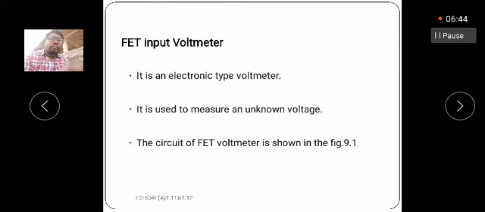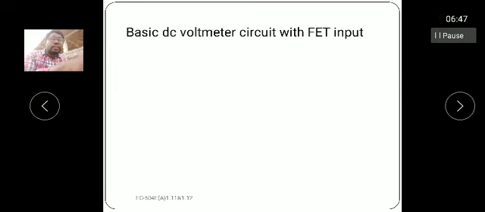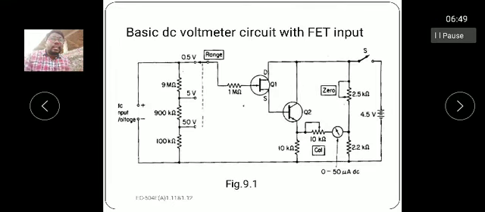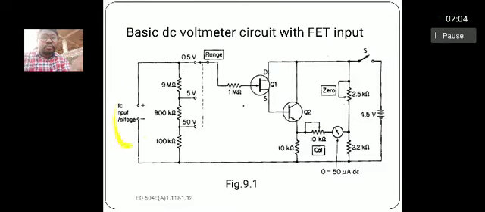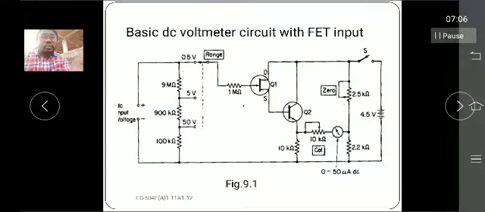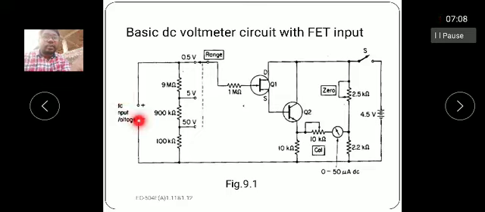The circuit of the FET voltmeter is shown in the figure. Here we have the basic DC voltmeter circuit with FET input. We use different sections; this is the input voltage.